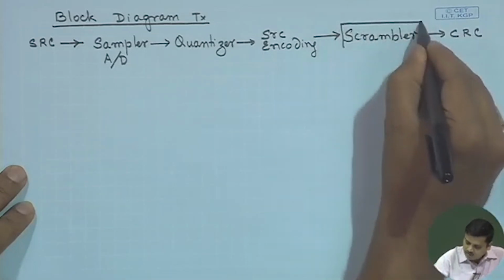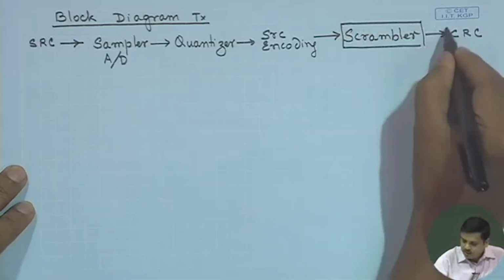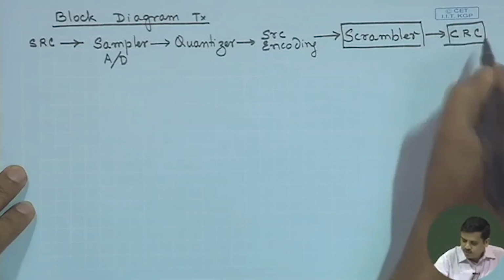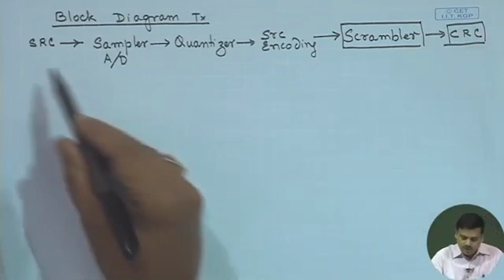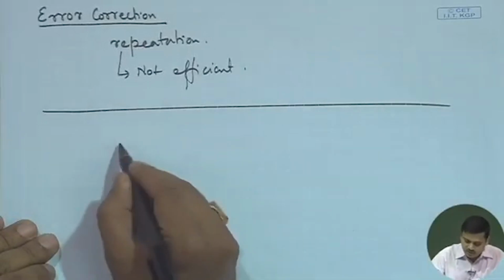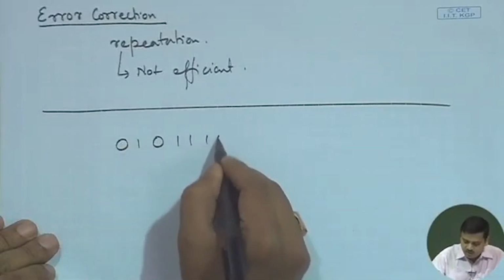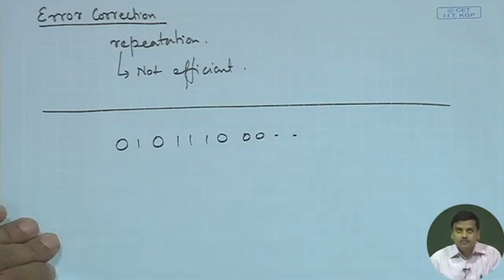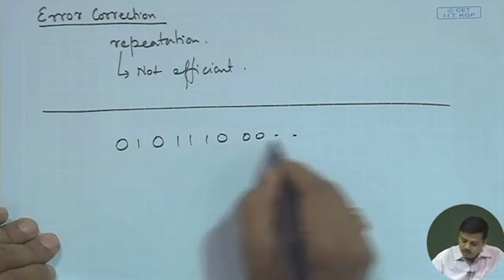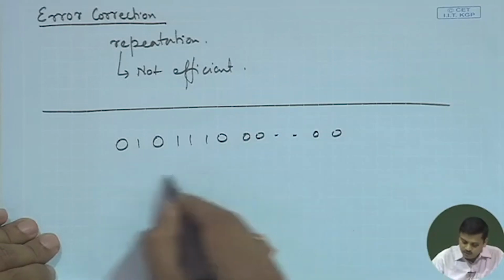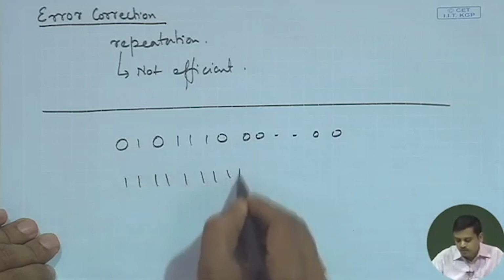Why we need a scrambler will be clear as we go into the course, but I will briefly tell you. When we have a source which generates a sequence of, let us say, zeros and ones, suppose we have a long sequence of zeros or a long sequence of ones.